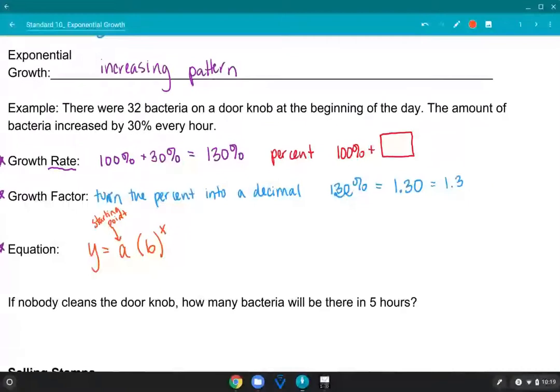So A is going to be 32. B is your growth factor, not the growth rate. It's the decimal. So here it's going to be 1.3. So our equation, y equals, we started with 32 bacteria and it increased by 30% each hour.